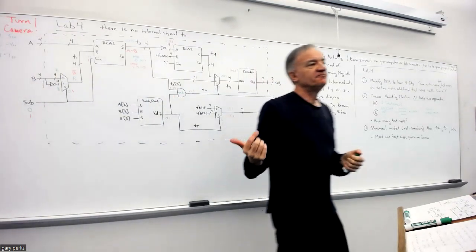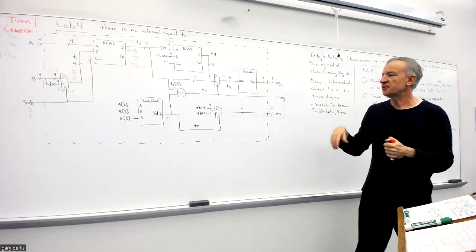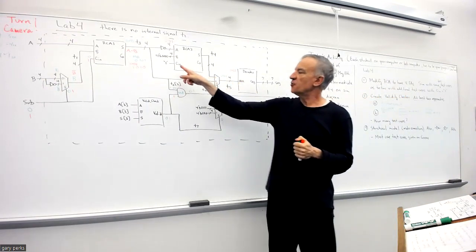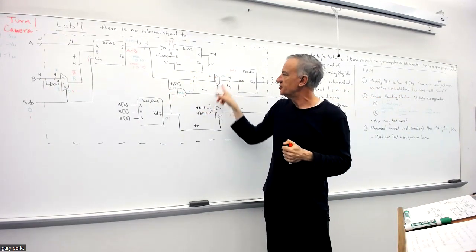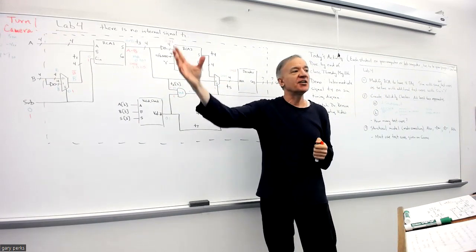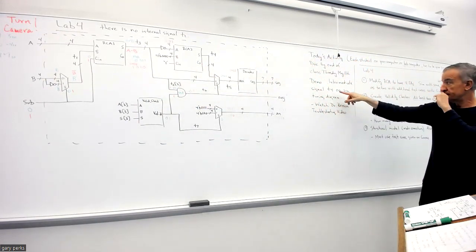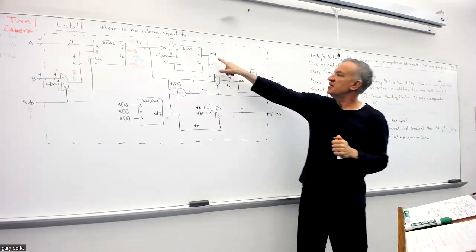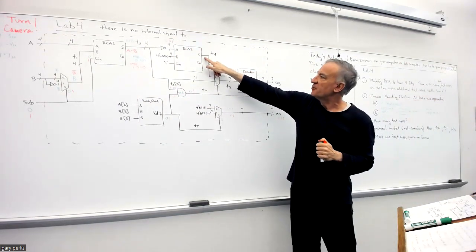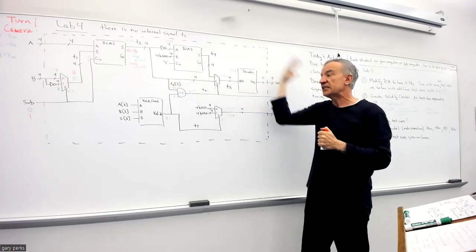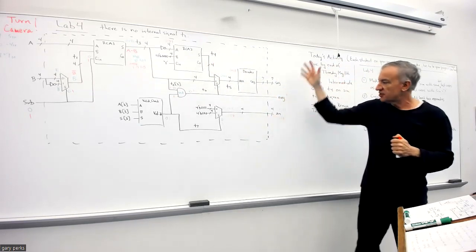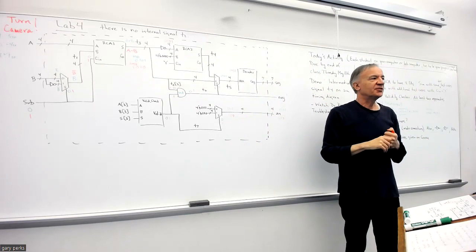But there's a way, and Dr. Benson's video showed you how to do this. There's a way that you can take any intermediate signal and put it on the timing diagram. So as I have written here, I want you to show me that you can put this signal here, this output of this second RCA, that you can include that in the timing diagram along with these main outputs.